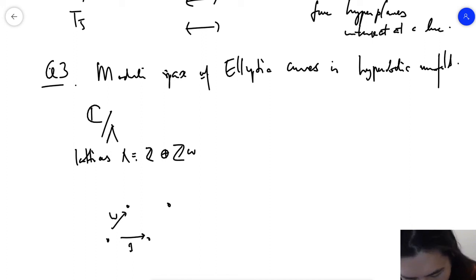If we have another point of the form a omega plus b, then this also generates the same lattice.